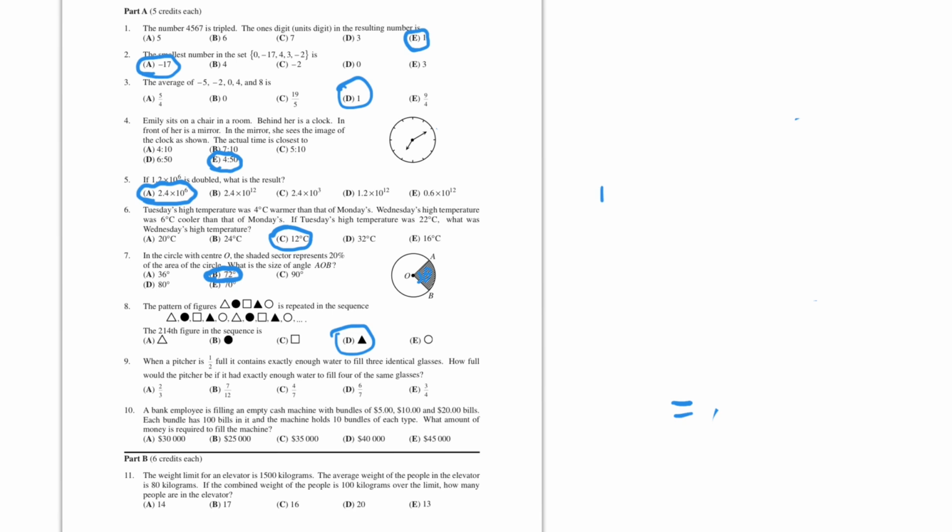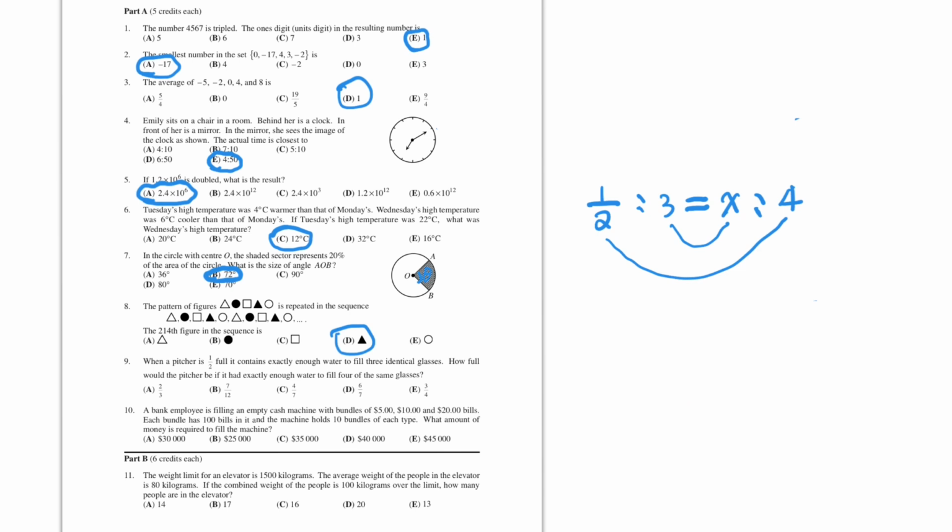So half of the pitcher can fill 3 identical glasses. Now, how much water can fill the 4 glasses? Ratio equation: inside times inside equals outside times outside.